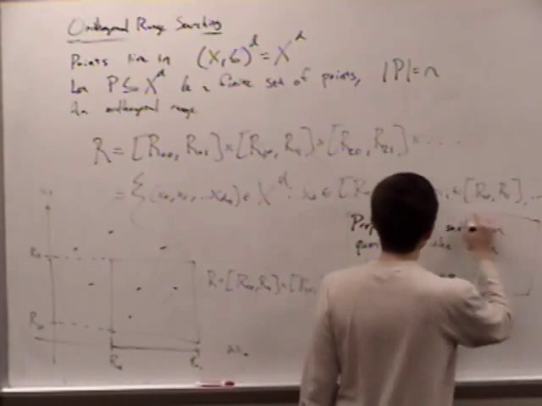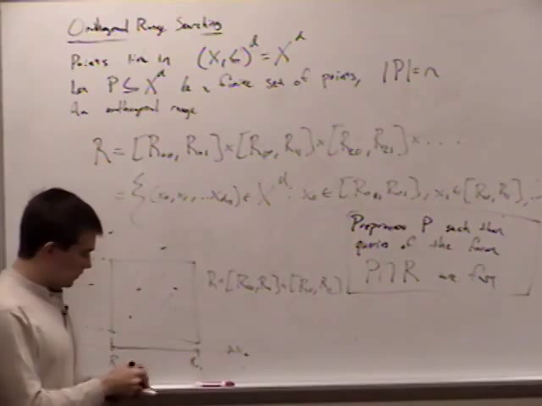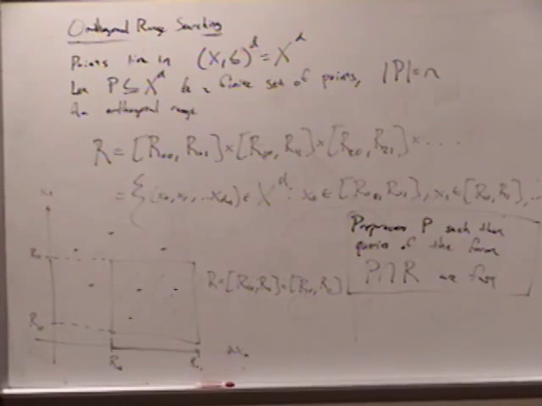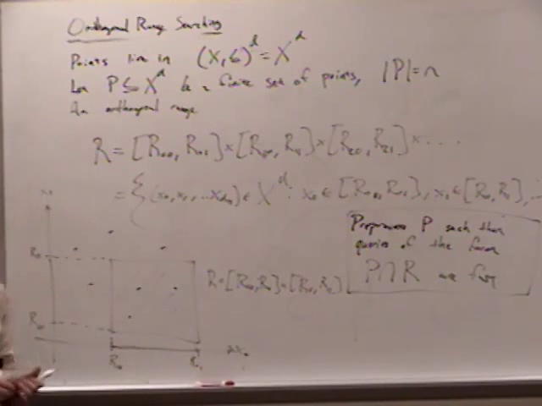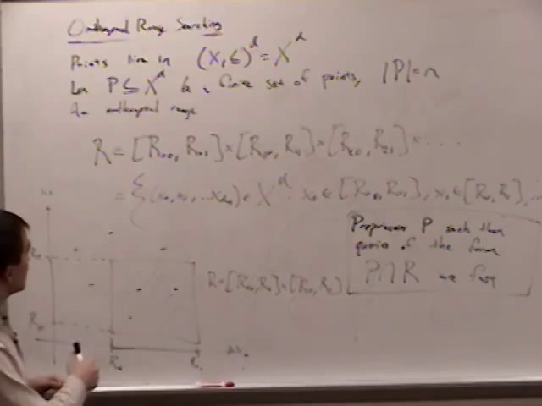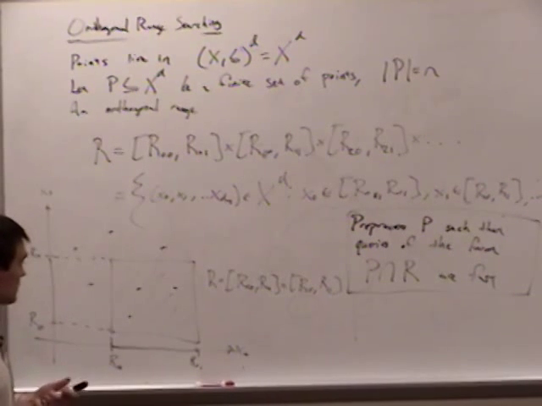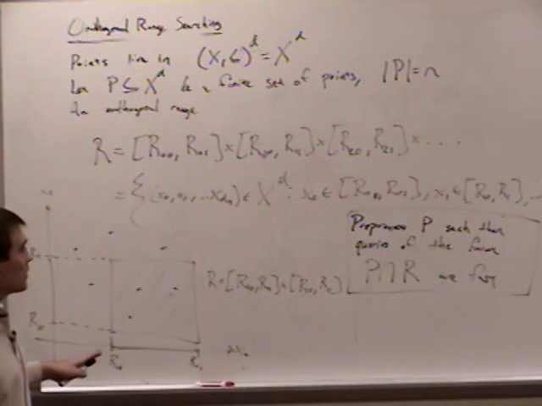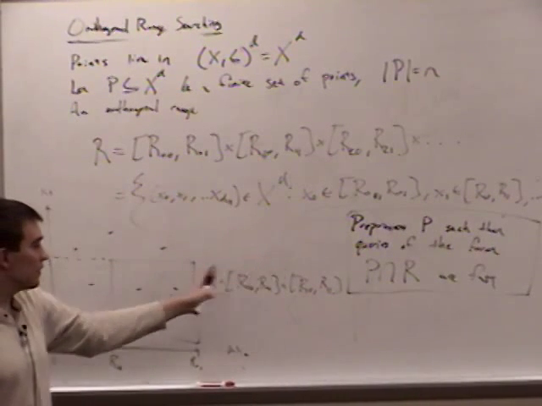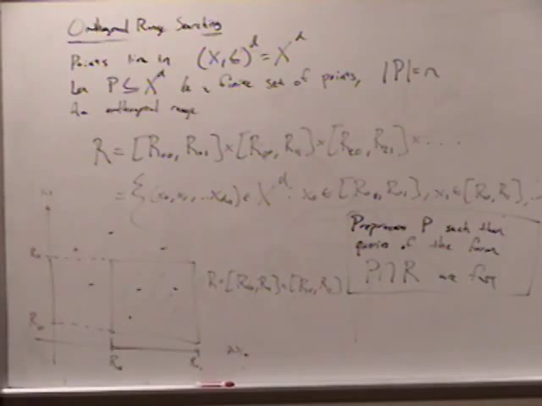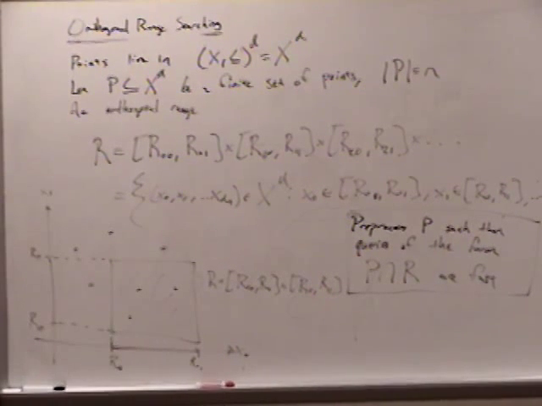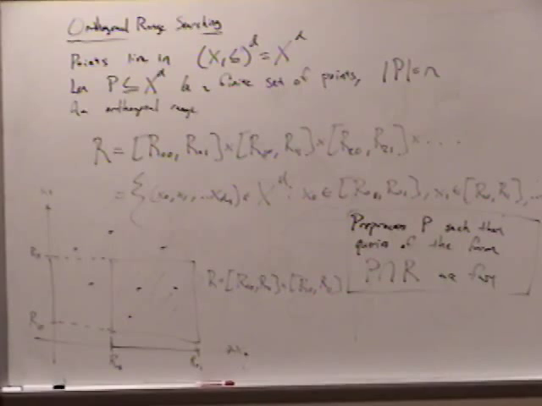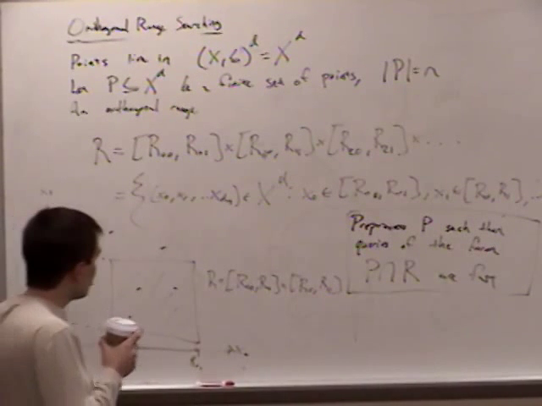We don't know what R is in advance, and we want to do some work with P, organize it in some way, build some data structure, so that if I take any range that I like that happens to be of this form, I can very quickly tell you all of the points contained in that range. That's the idea. So these would be box queries. They're a very special kind of range query. There are other kinds of range queries, which are much harder to deal with. These are the ones that we're going to be talking about today.